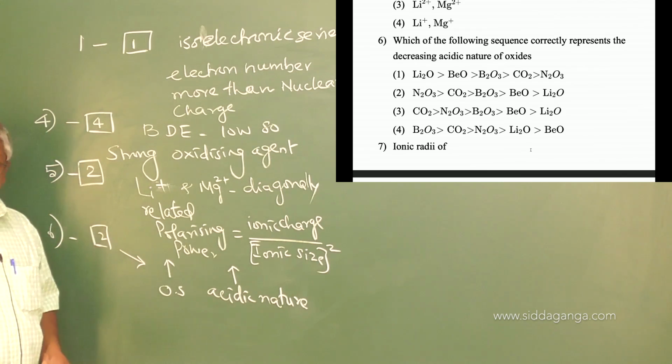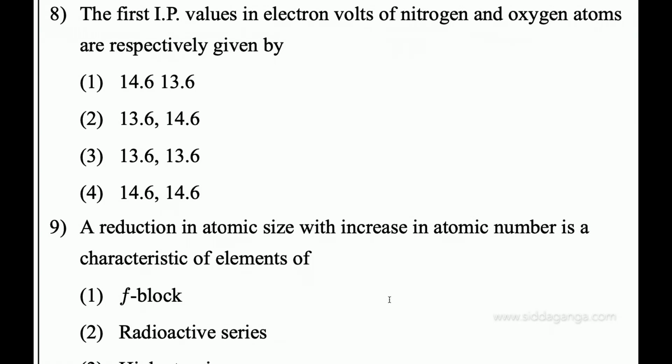So question number 8. The first IP value, IP means ionization potential value. What is ionization potential? We supply energy to remove the outermost electron. So nitrogen and oxygen atoms are taken for the question. IP values in electron volts, nitrogen and oxygen.